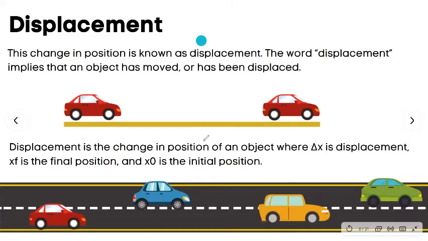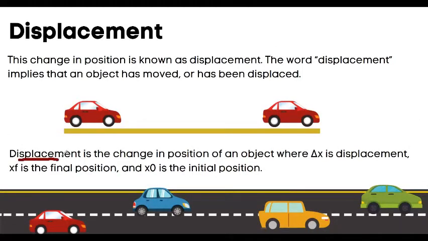Let us take note that displacement is the change in position of an object, where the change in position, which we write as delta x, is equal to the final position minus the initial position.